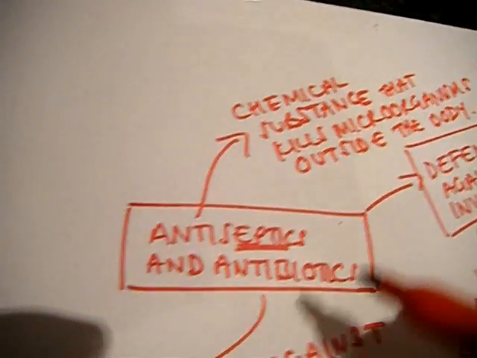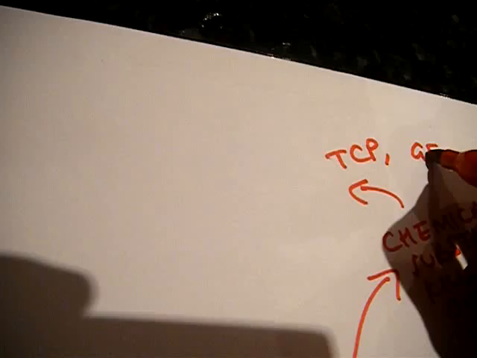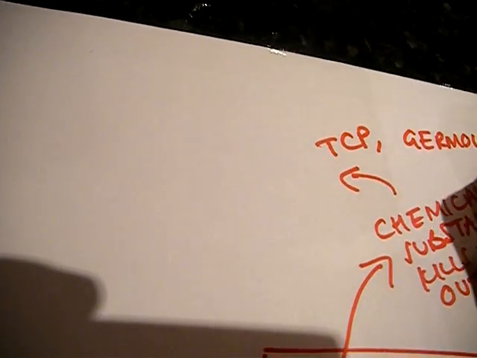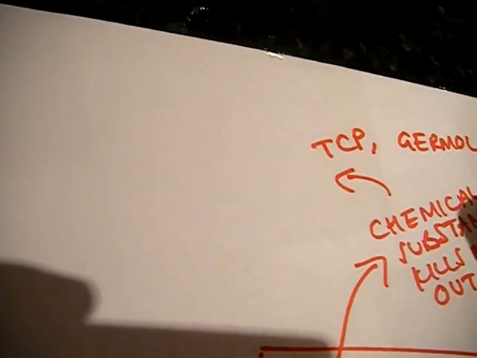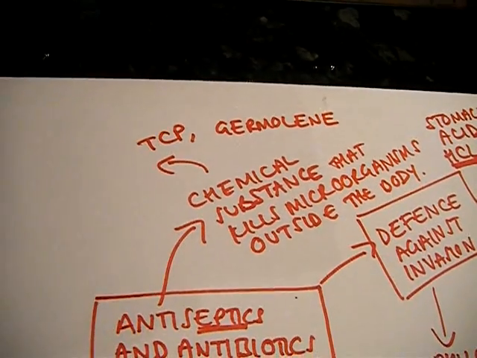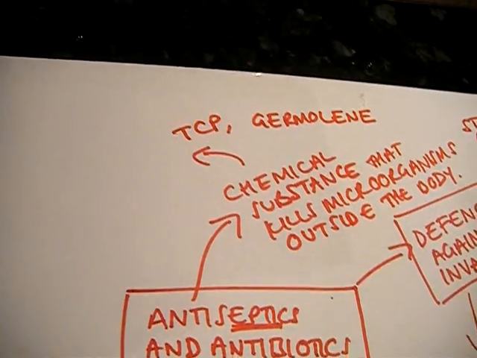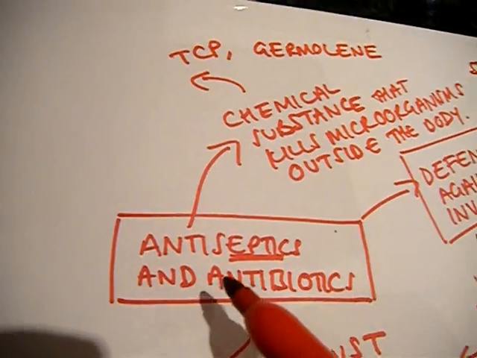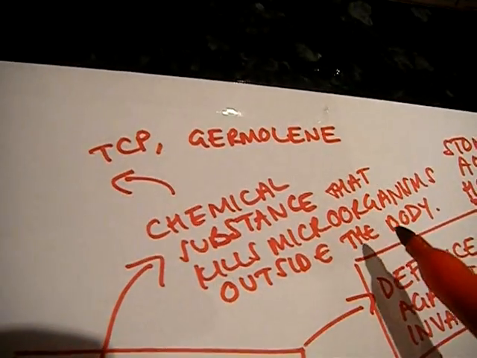So an example of an antiseptic could be TCP, Germolene, and things like that. So we use antiseptics to kill microorganisms outside the body.